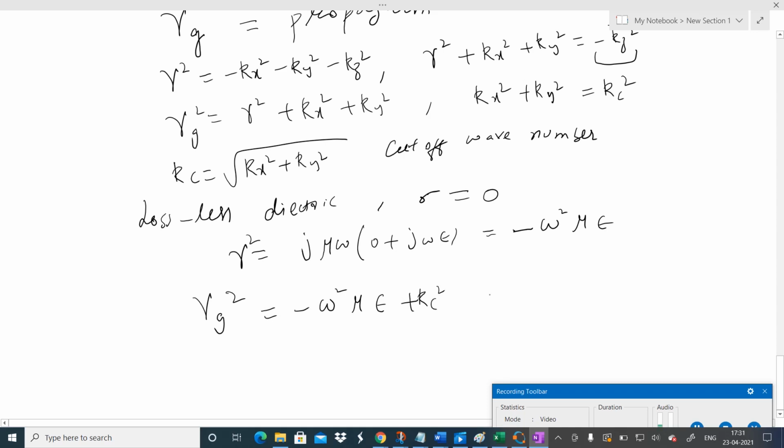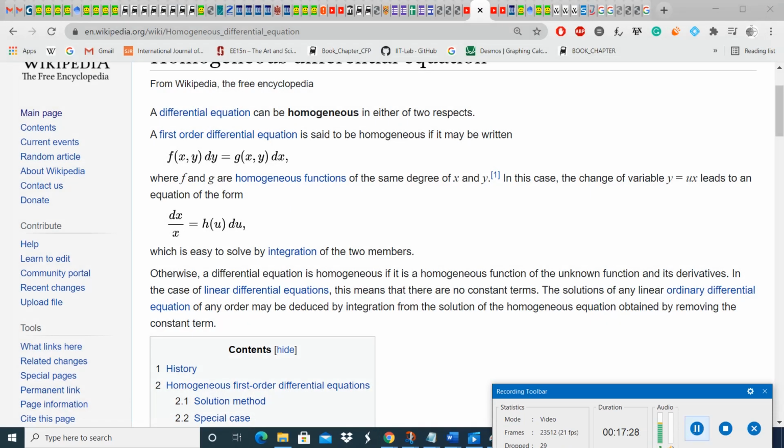Okay, and we will write it as minus of omega square mu epsilon minus kc square. So you will see, we want gamma to be complex. If gamma is not complex, you will see later on, then we will not get the sinusoidal waves.